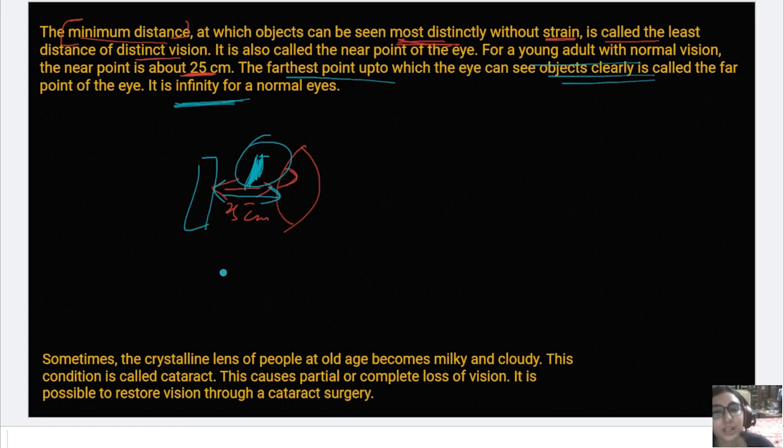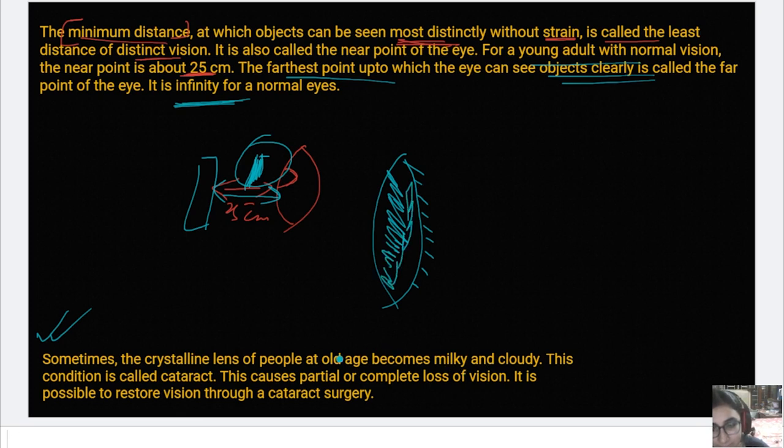Okay. So since we are talking about lens, we should also discuss some diseases, some problems that can occur. We know the prerequisite of a lens is that it has to be crystalline, almost transparent, so that the light can properly converge, right? Sometimes certain substances accumulate here, which makes the lens not crystalline anymore.